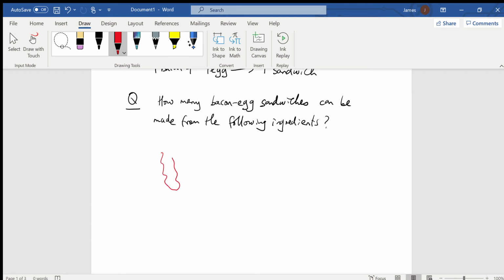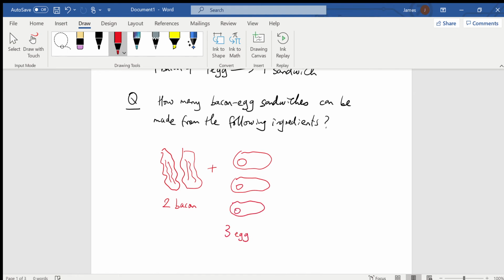So I've got, that's my string of bacon, so I've got 2 bacon, and I've got a pretty good looking egg. I've got 3 egg, and the question is, how many sandwiches do I get? Okay, so that's my setup.